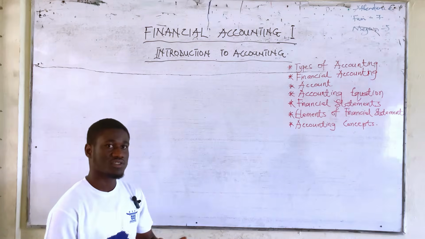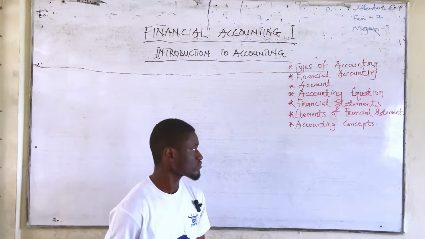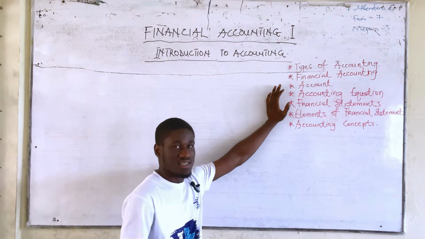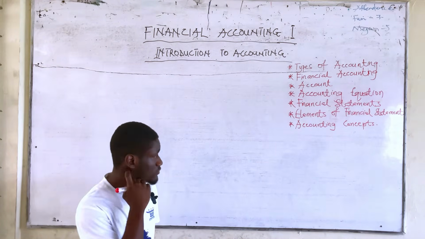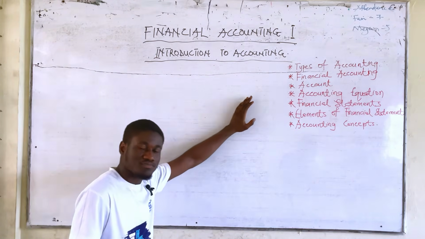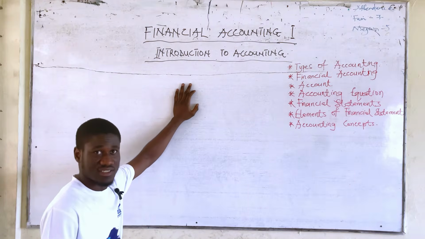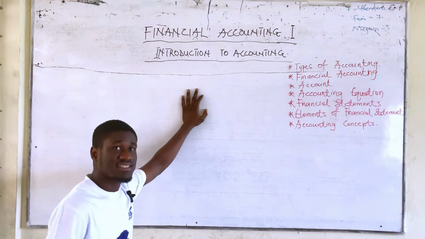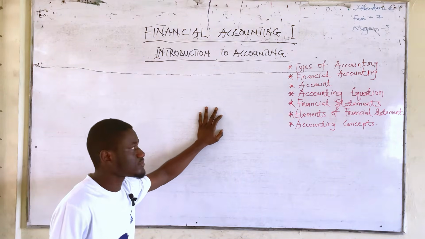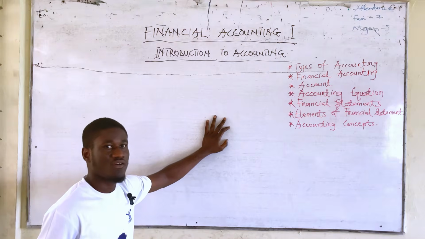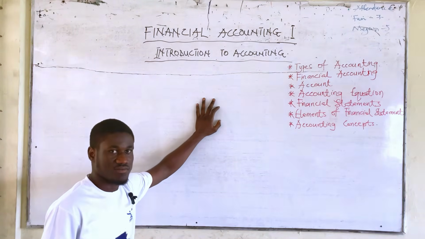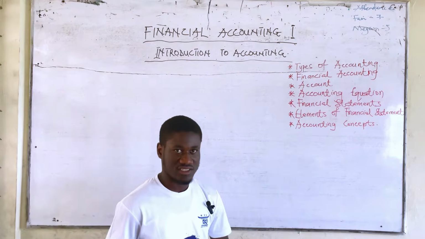First of all, we will maintain a system which is going to record business transactions and other items of financial nature. Then after that we report the performance of the business, how the business is performing, and the position of the business, in a set of financial statements.